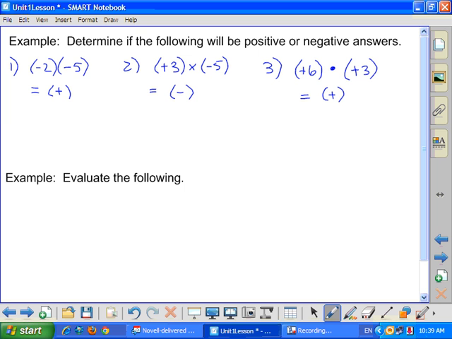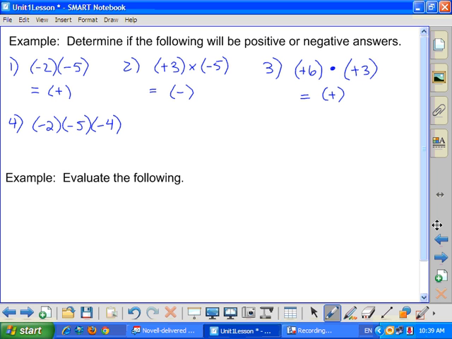Now, let's make you think a little bit. What happens if I give you this? -2 times -5 times -4. Now I'm multiplying three terms together, or three numbers together. You got to break it apart and do what you know.